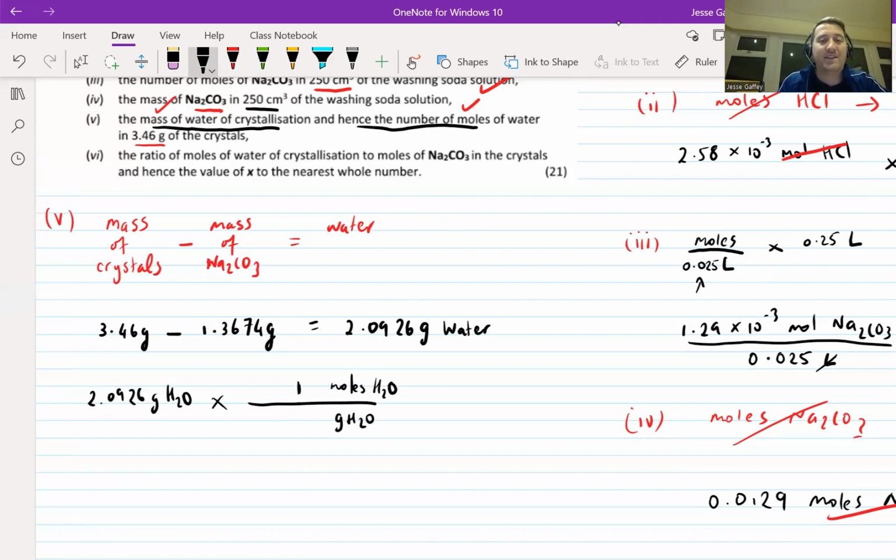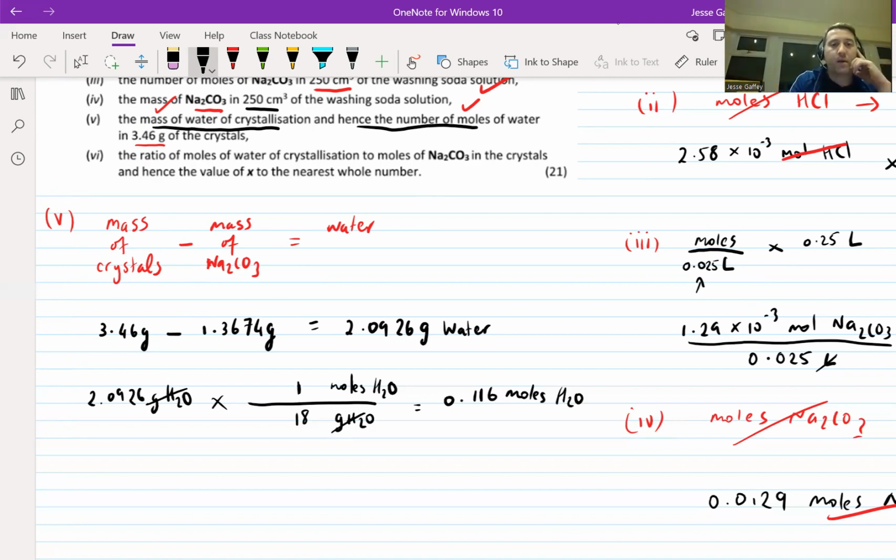Okay, you should have got 18, 1 each for the 2 hydrogens and 16 for the oxygen, so 18. So when we do this, we cancel out the grams of H2O and we're left with moles of H2O. And that's given me 0.116 moles of H2O.